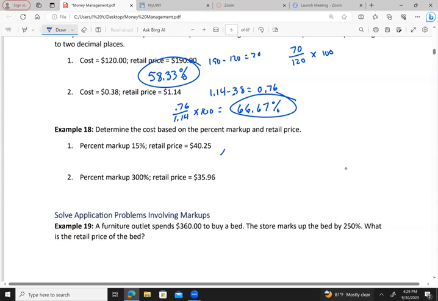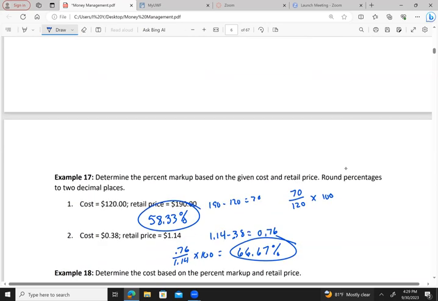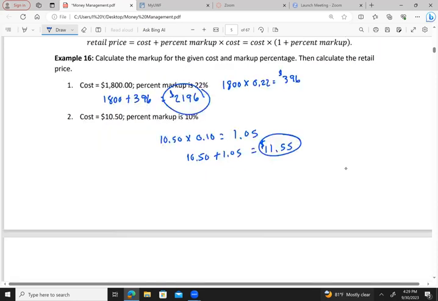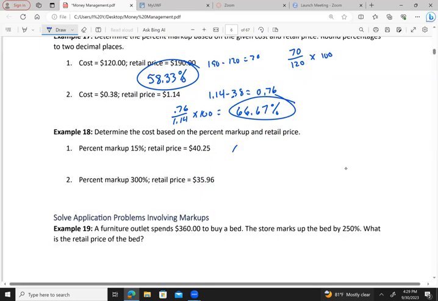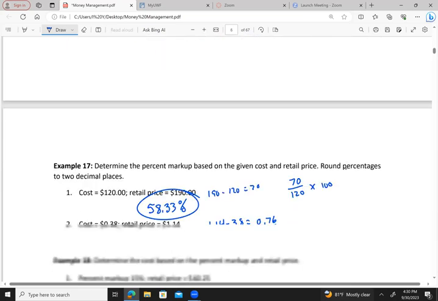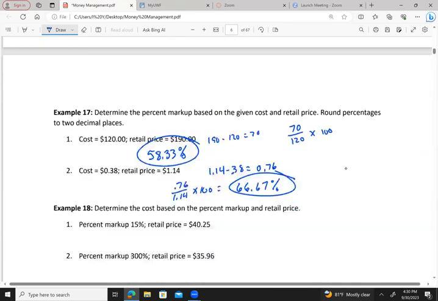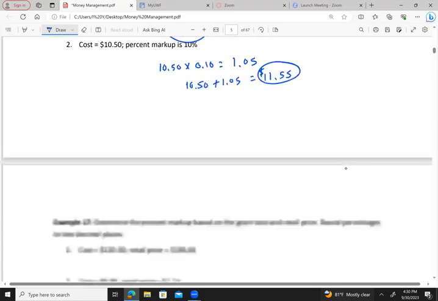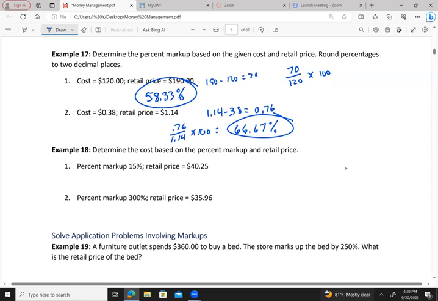How do we want to do this? Retail equals cost times 1 plus the markup in decimal.